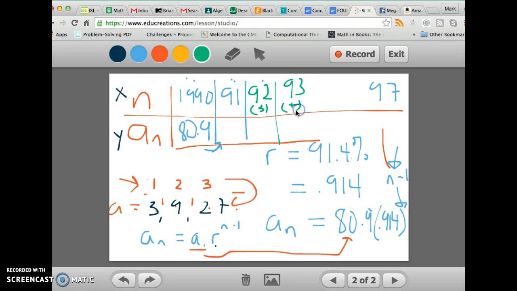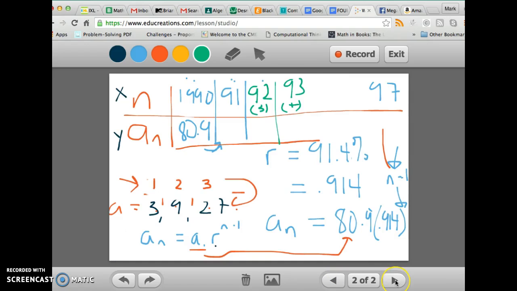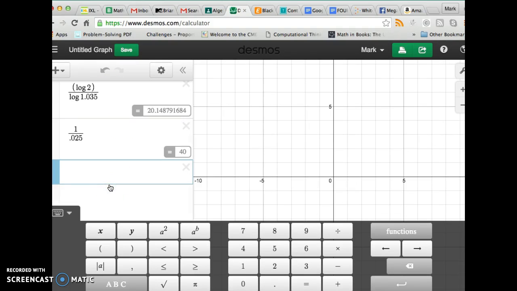That's important because the next part of the problem asks, what's the cell phone bill in 93? So n is 4 in 93, so we plug in 4 to our function. And we get 80.9 times 0.914 to the third power. We do that on a calculator, and I get 61.77.